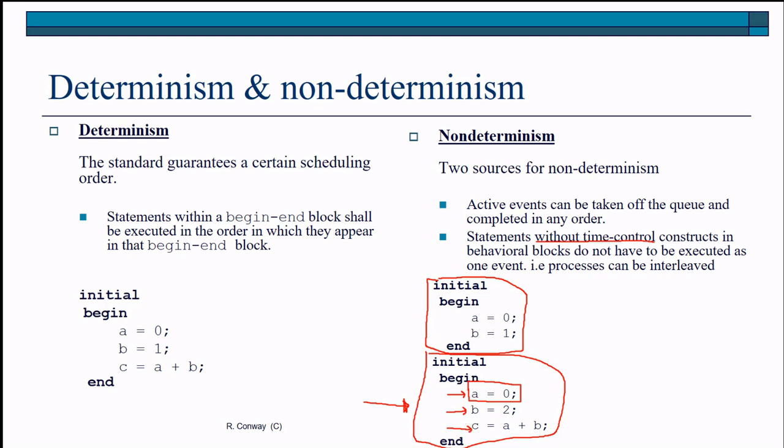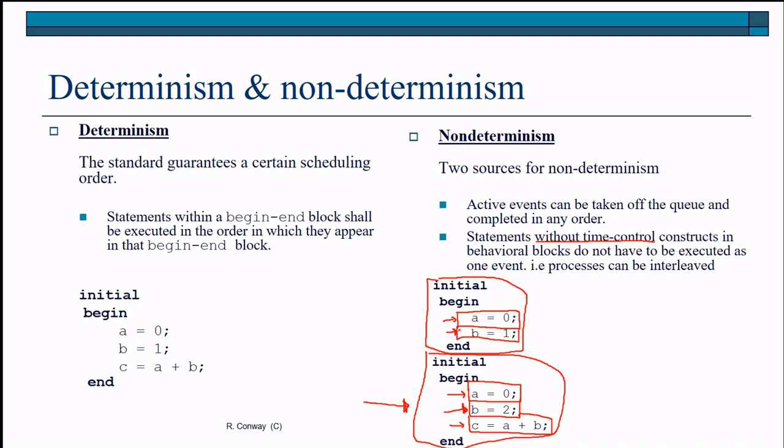It is possible that the simulator could do this, but it's also possible that after the simulator executes the first statement inside this initial block, it then moves to this other initial block and executes the first statement in there. It then can come back to the second initial and complete the second statement in here and complete the third statement in here, and then back up to our first initial block and complete the second statement in here.